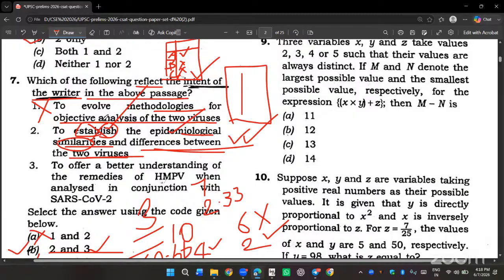Anyway, next, statement two, okay, it is wrong. Then statement three, to offer better understanding of remedies of HMPV. Where has the author discussed remedies?